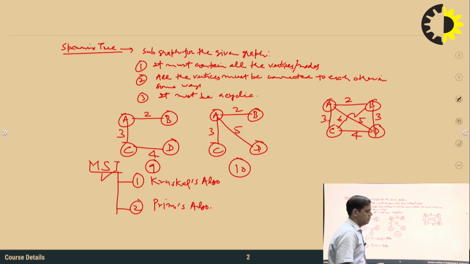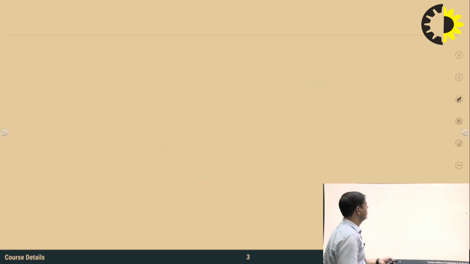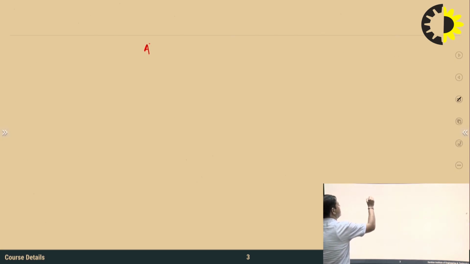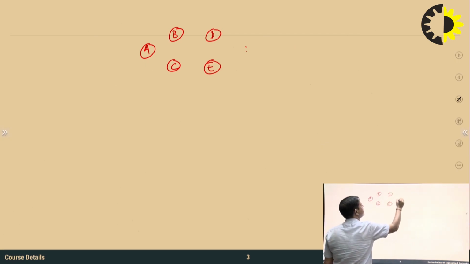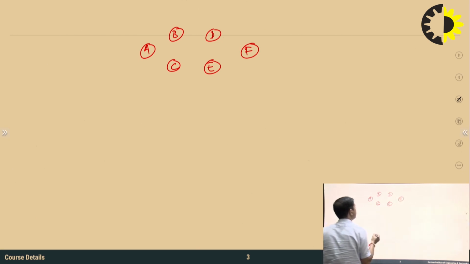Now we will learn this. For example, we have this graph with A, B, C, D, E and F. And for example, they are connected in that way.